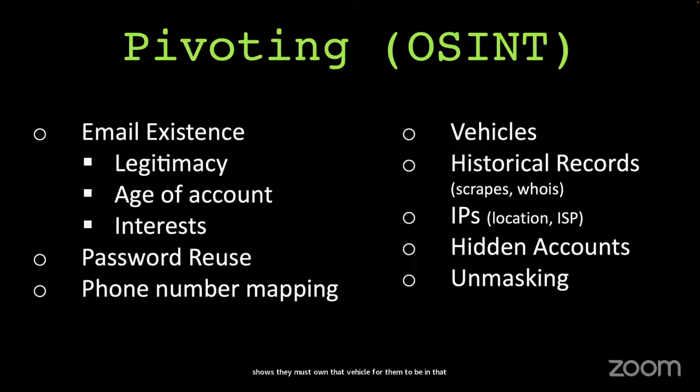So it shows interests. It shows password reuse, because you can reverse search passwords if they're unique enough. And sometimes you can find juicy information based on that. You can do historical scrapes and IP addresses, and eventually you can unmask a lot of information that may seem hidden at first. That was my quick and dirty intro to advanced OSINT skills and the possibilities that are out there. And I'm open for questions.